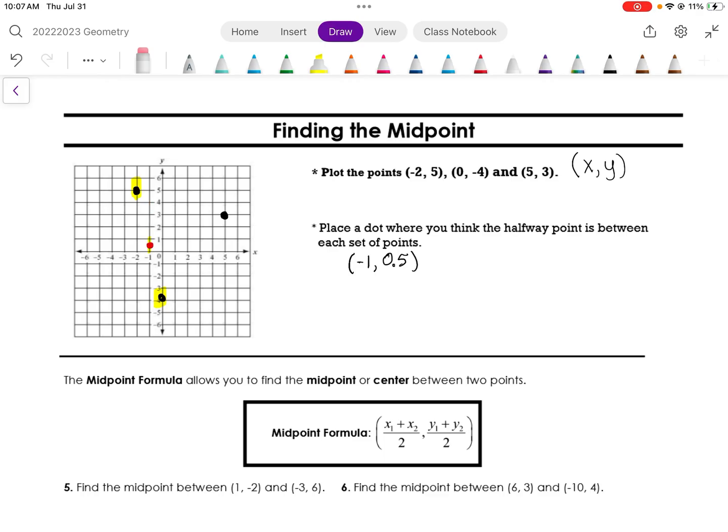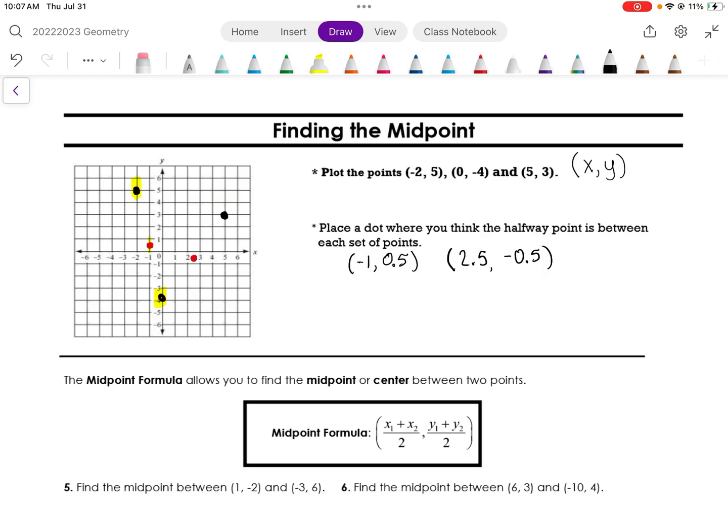There's my midpoint. It should be at -1, 0.5. So if you use that, your midpoint should be 2.5, and -0.5, which would be about right here. There's the midpoint of those 2 points.